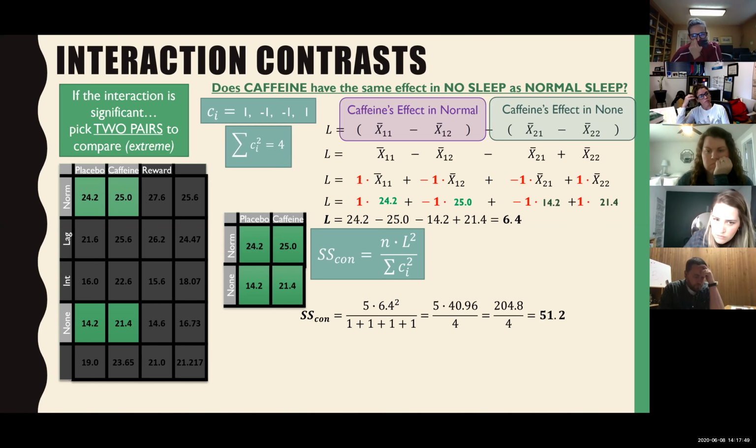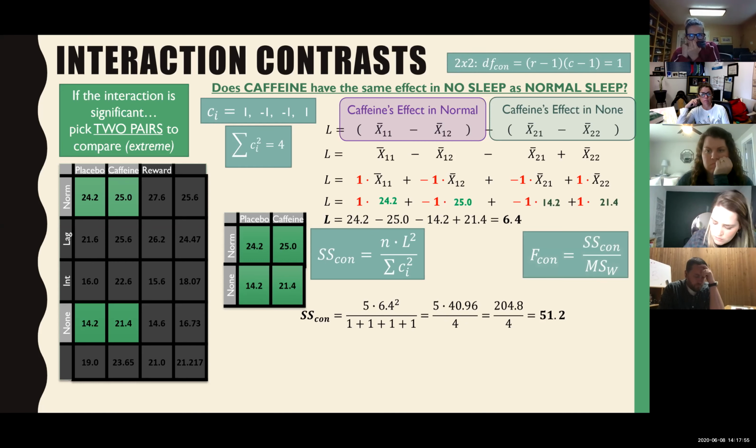So that's 51.2. That's the sum squared for the contrast. The degrees of freedom for the contrast are always 1. And we make our F by taking this sum squared and dividing it by the mean squared within. The mean squared error is just like before. And we get an F value for our contrast statement.